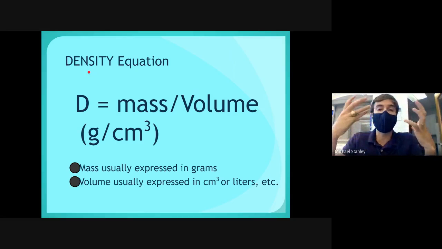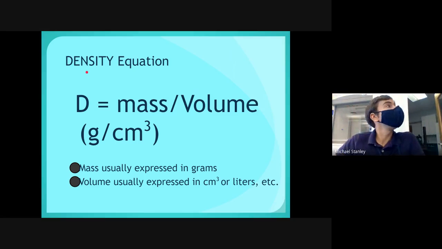So that is our base density equation. If we want to know density, we can do this simple equation if we know the mass and the volume. The other nice thing about this equation is that we can move some of these numbers around to figure out the different variables. Here is our basic density equation: D equals mass over volume.